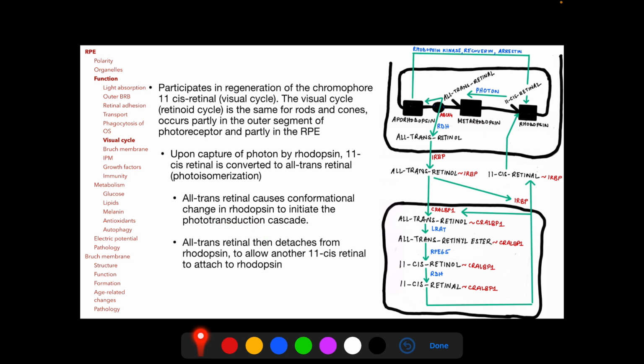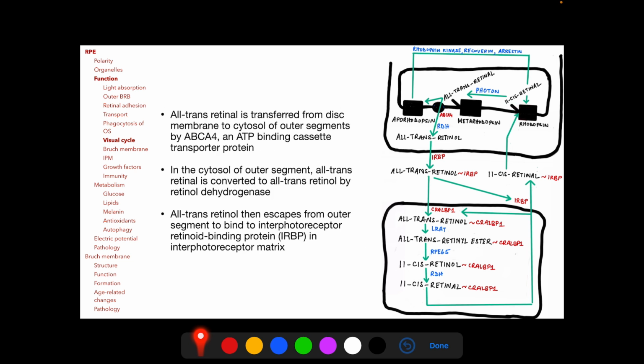All-trans retinal then detaches from the metarhodopsin to allow another 11-cis retinal to attach to rhodopsin. An 11-cis retinal attaches to an intramembranous portion of rhodopsin. All-trans retinal detaches from metarhodopsin and is transported to the cytoplasm by ABCA4, an ATP binding cassette transporter protein.